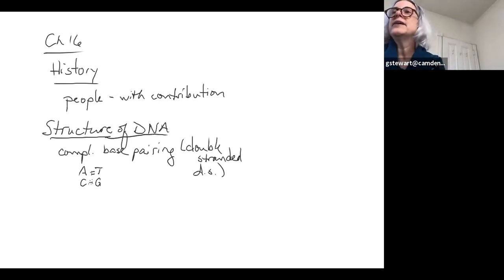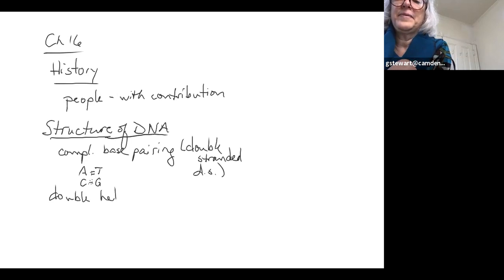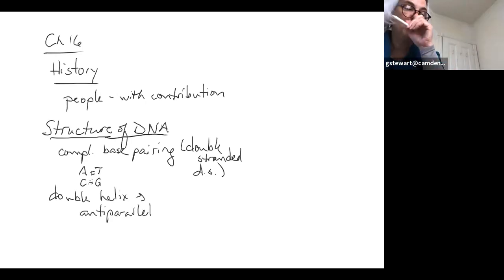Ooh, think back to chapter 3 or chapter 2. The complementary base pairing, that it is 2 strands, that it forms a double helix, and that double helix is driven by the nature of the strands being anti-parallel. And that is key because if you've looked it over, you realize that those 5' and 3' designations show up quite a bit.